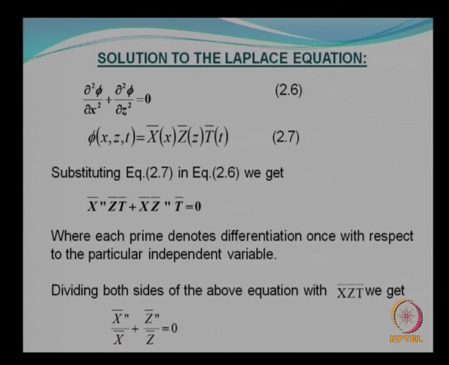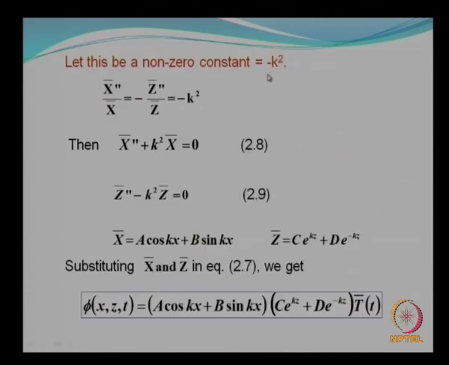Herein each prime denotes differentiation being done once. Since we have double derivation, you have 2 primes. Now this is the equation which we have got from the Laplace equation, and let us say that it is equal to a constant, minus k square.